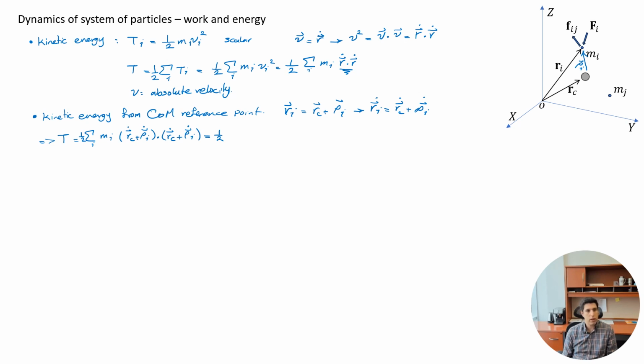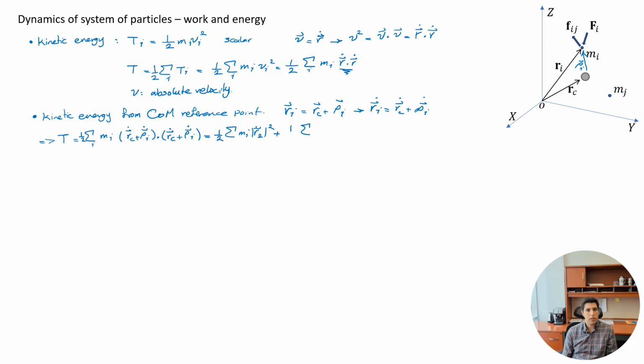So I have 1/2 summation mi R dot c dot R dot c, which is R dot c norm squared, plus 1/2 sum of, well, I will have 2 R dot c dot rho dot i, so that will cancel with the half.